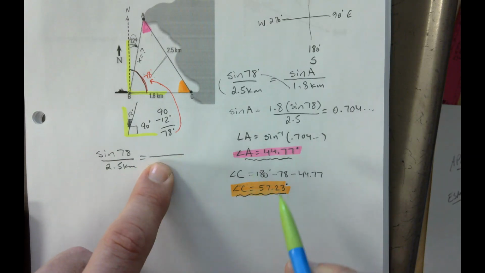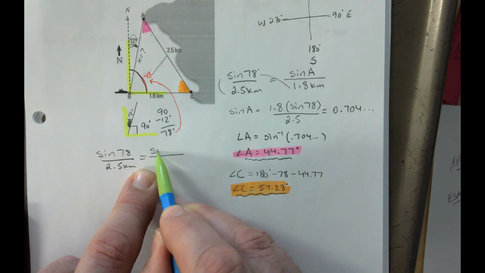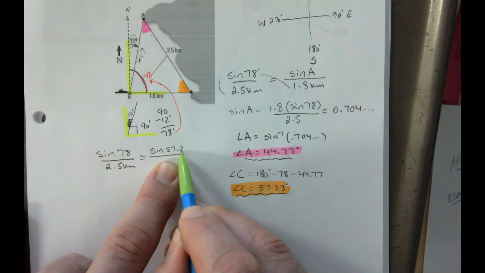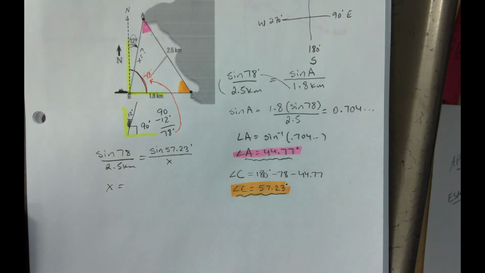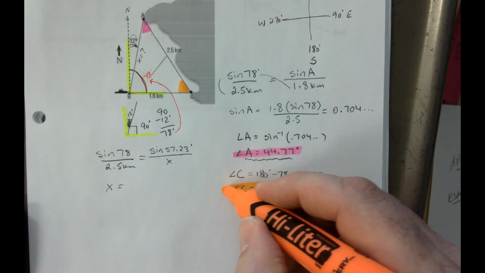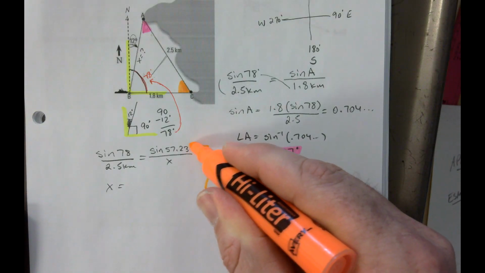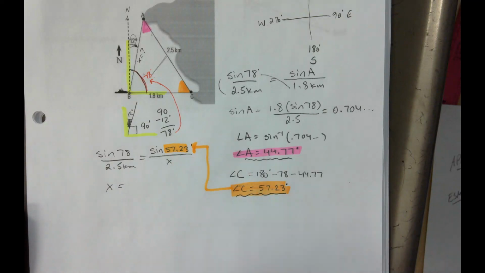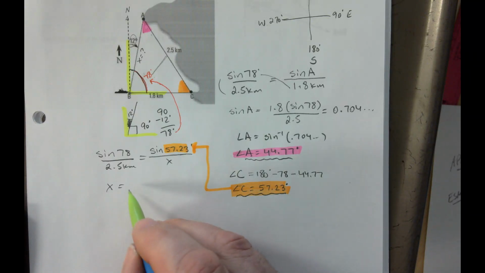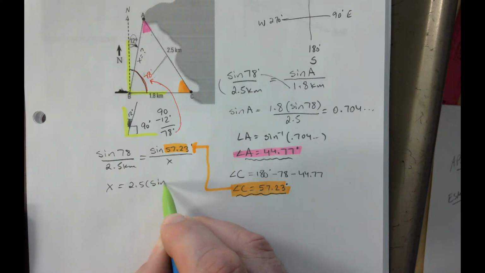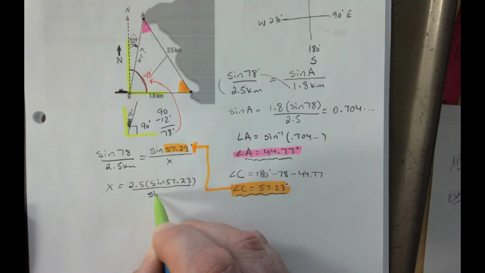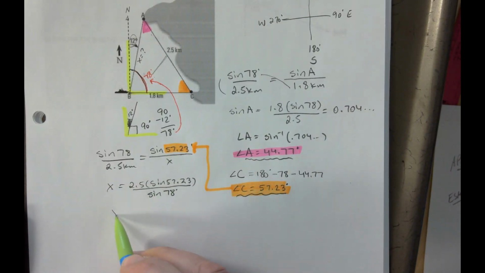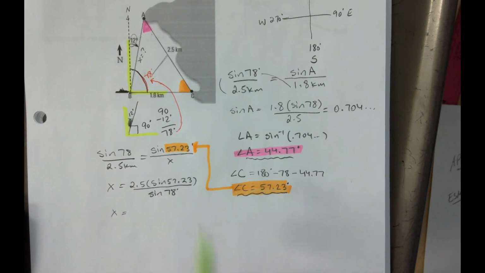But now I'm going to use this angle right here. Sine of 57.23 over side x. If you're color coding like I am doing here, I inserted that angle into it. So x equals 2.5 times sine of 57.23 divided by sine of 78. You plug that all in.